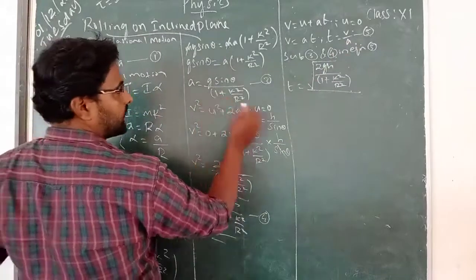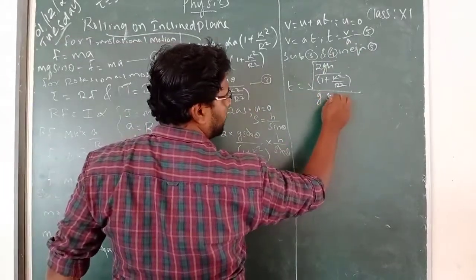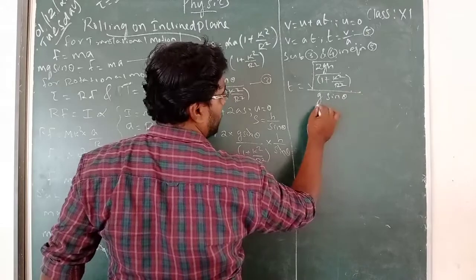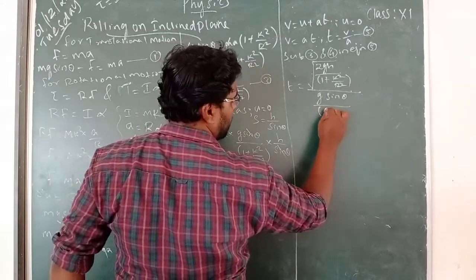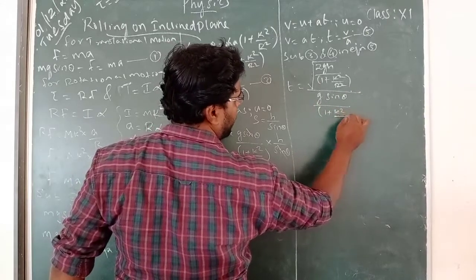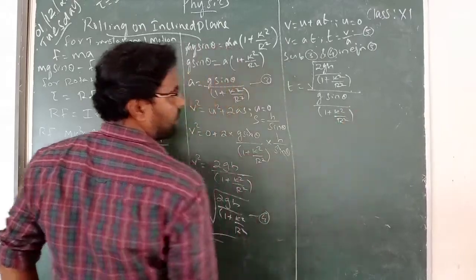The a value is g sin theta by 1 plus k square by r square.